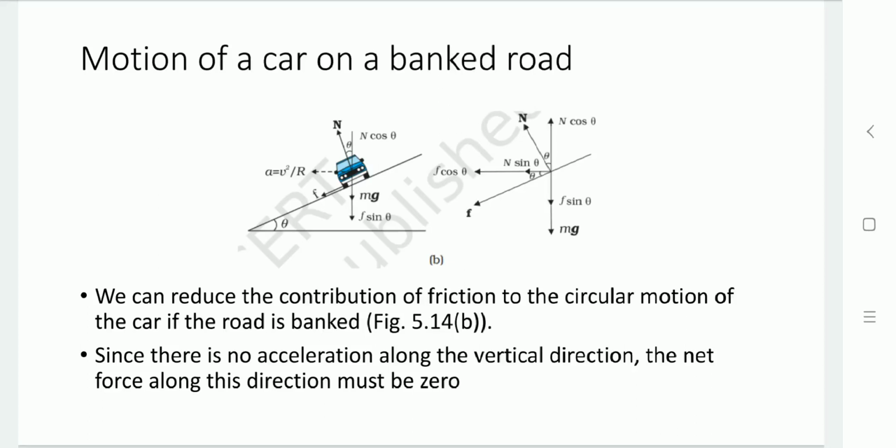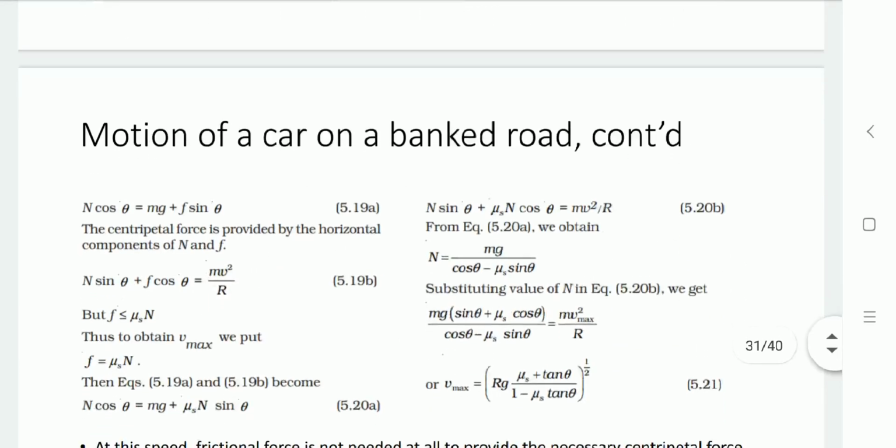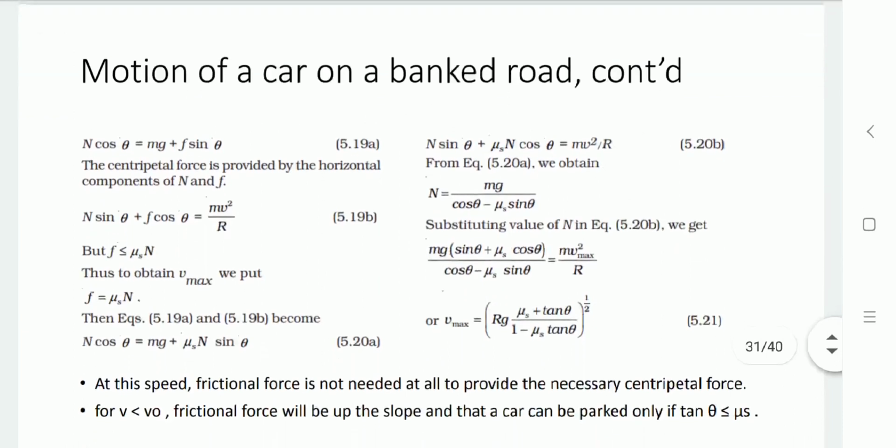So from the diagram, we can equate these forces: N cos theta equal to mg plus F sin theta, and the centripetal force is provided by the horizontal components of N and F. So from the diagram we can define N sin theta plus F cos theta.